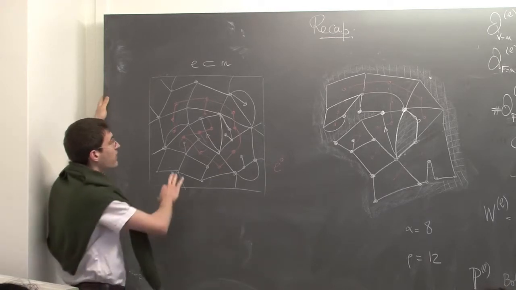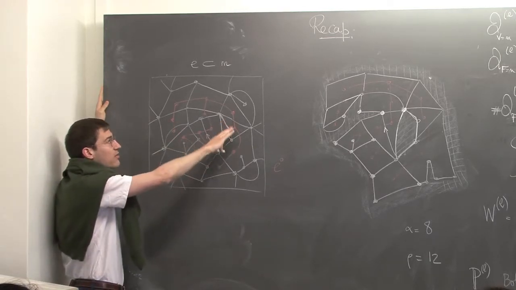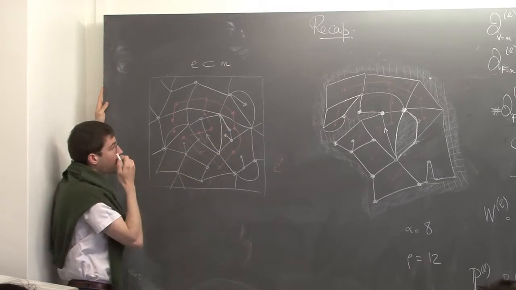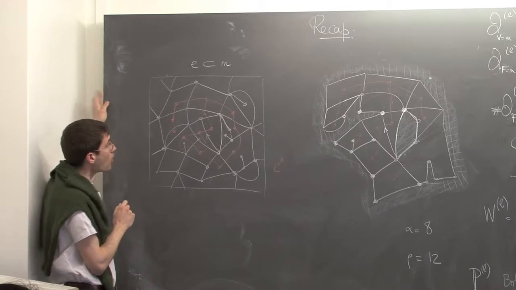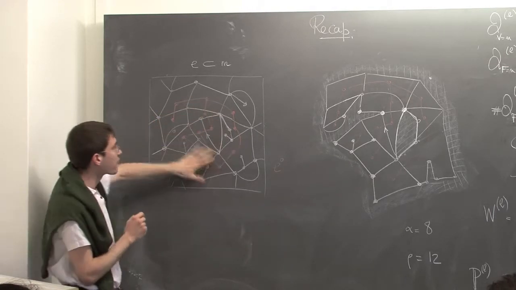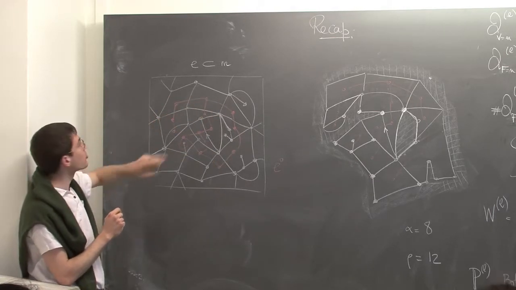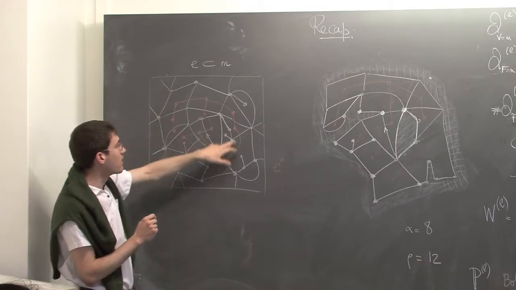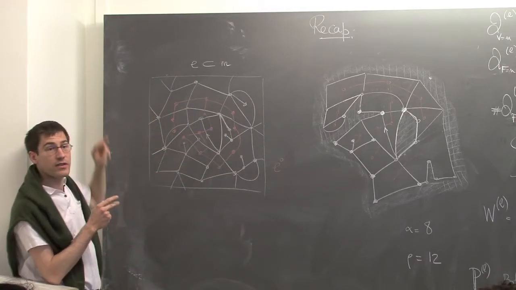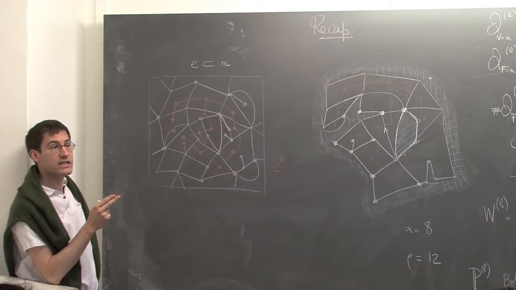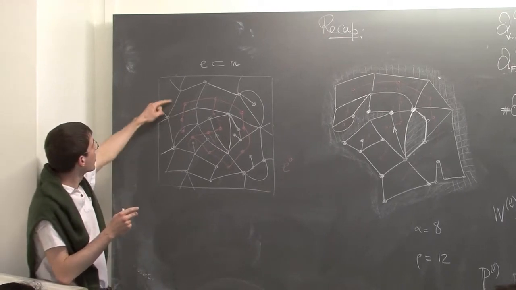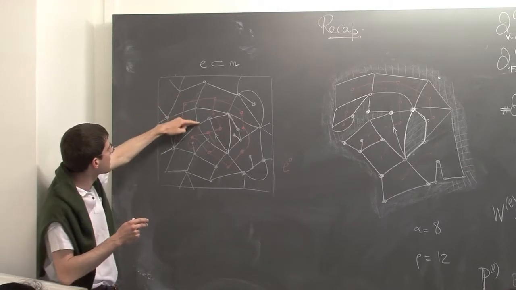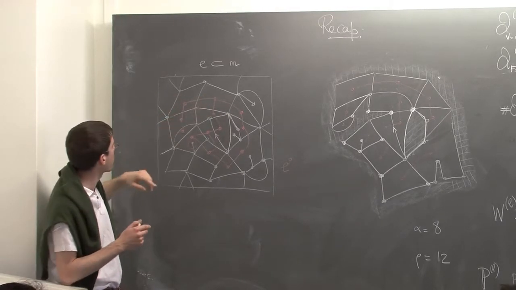Either we saw it as a connected subset, the red subset of the dual, containing the dual root edge here, or from this red connected subset in the dual, you can just keep the faces that are visited by this red subset and cut along all the other edges that are not dual to a red edge. So you will cut here, here, here, there, and so on and so forth.